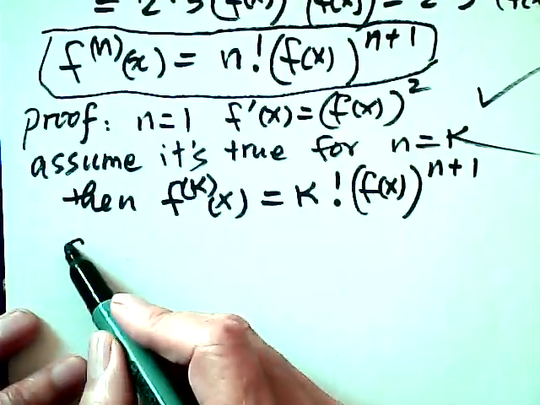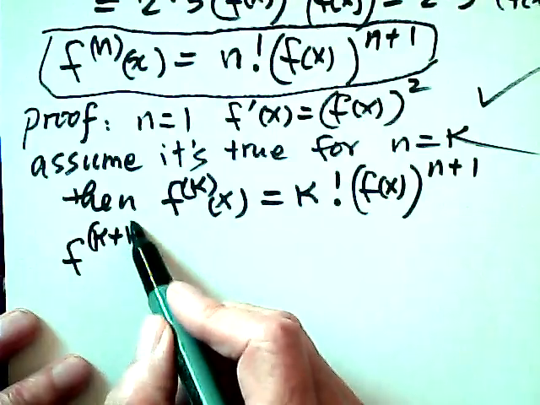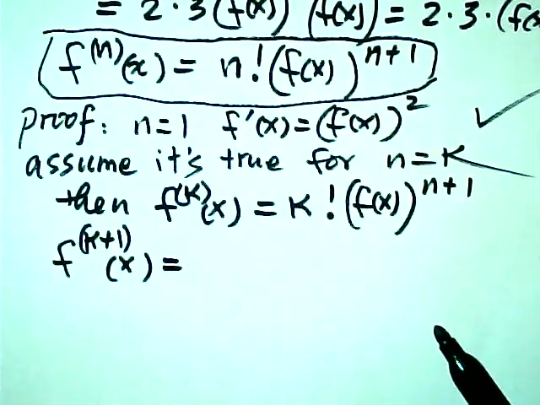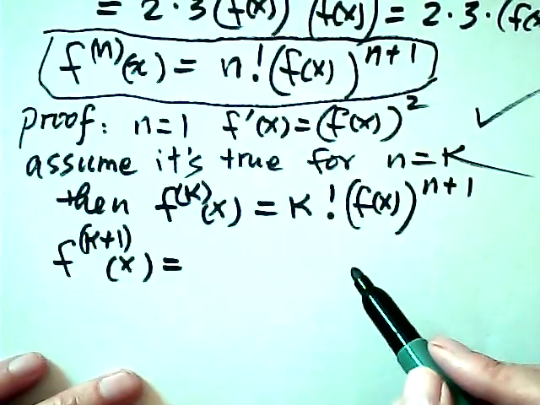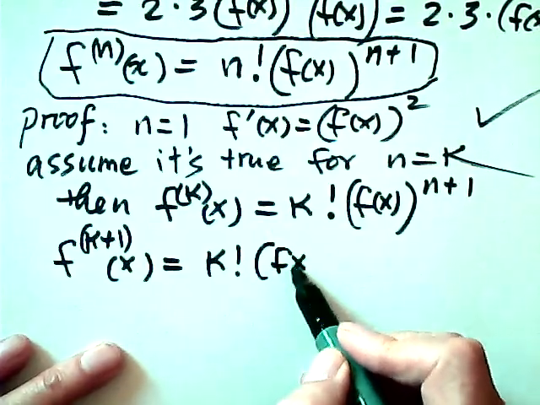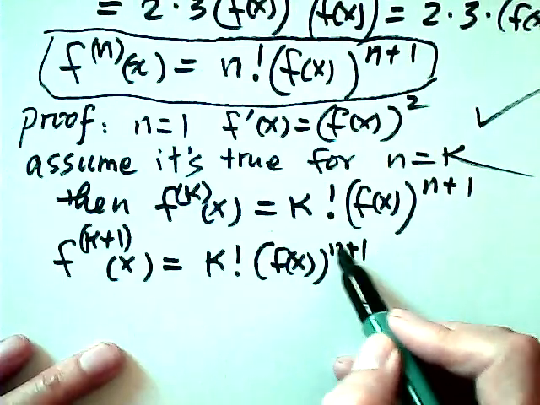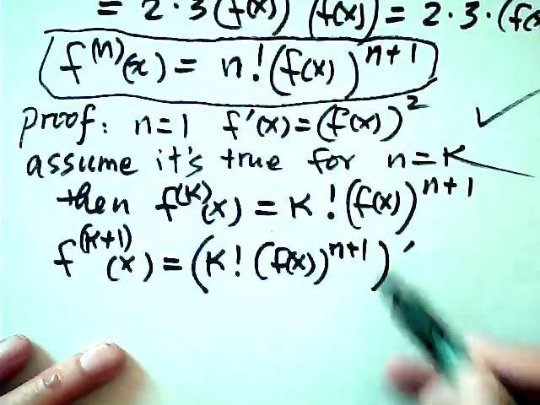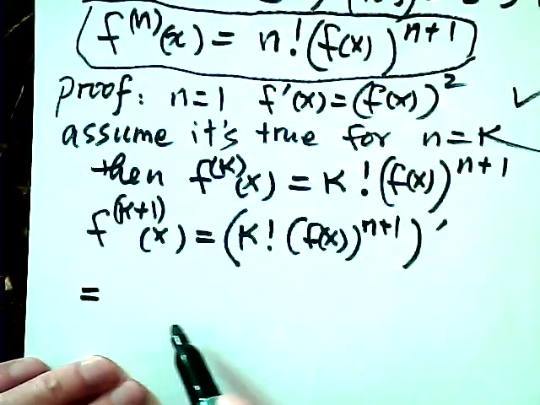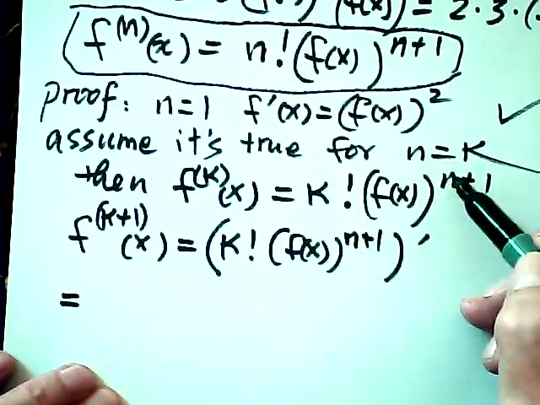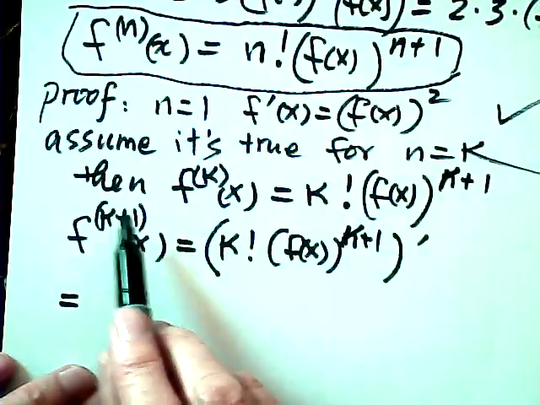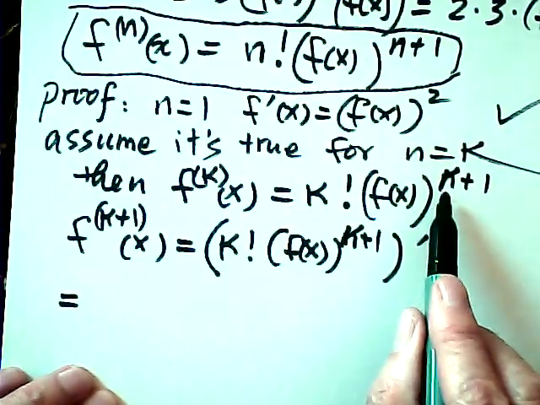Then consider k plus 1. The k plus 1 derivative is equal to taking the derivative of this. Excuse me, this is k. When n equals k, this is k.